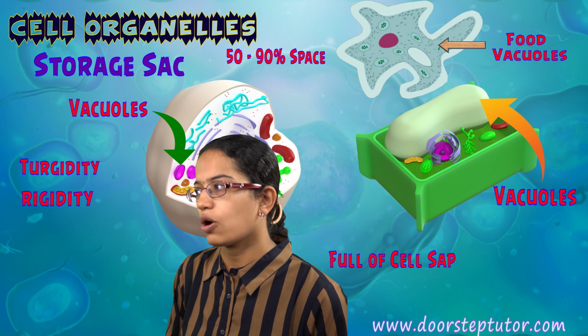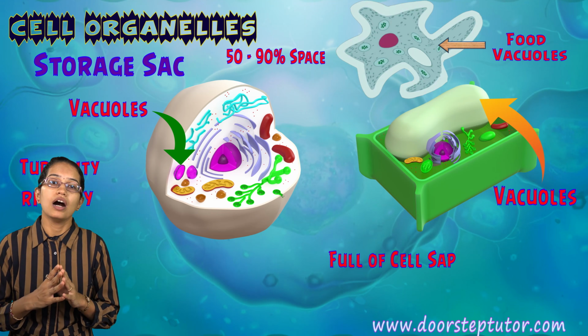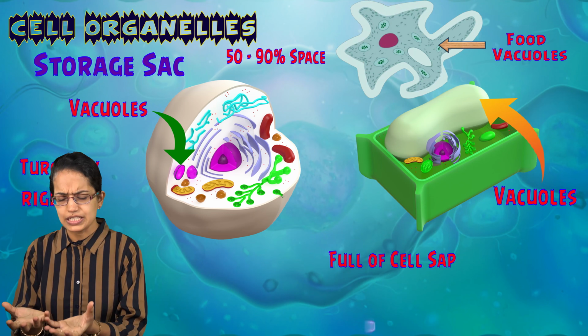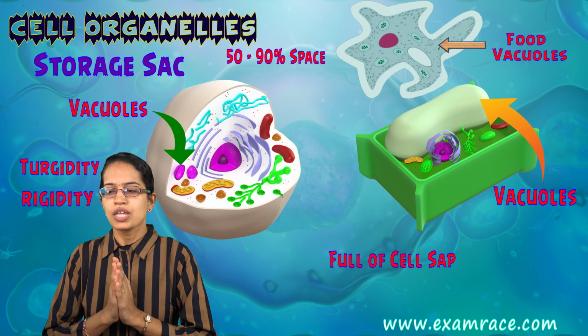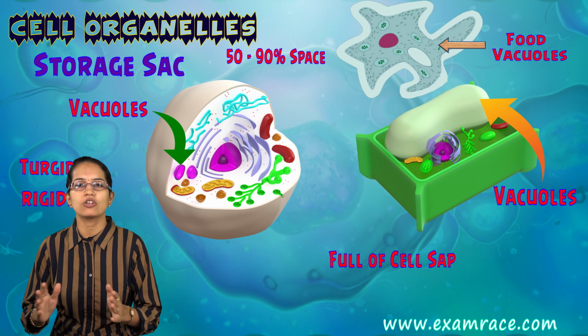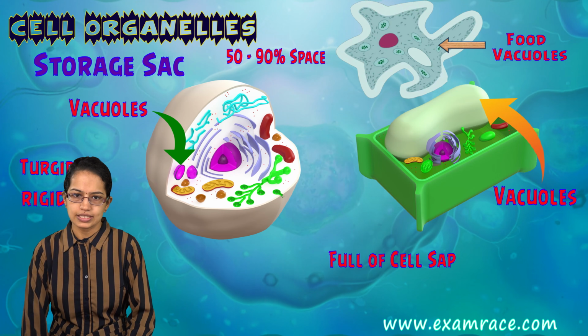So unicellular organisms specifically have very specialized vacuoles, and the role of these is to expel any excess water which is present and some waste from the cell itself.